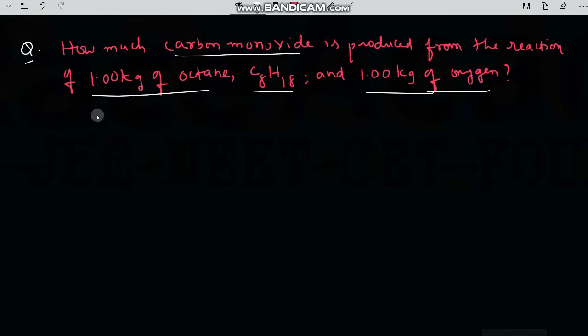Definitely it looks like a combustion reaction of octane. So octane C8H18 upon combustion with oxygen is said to produce carbon monoxide and water. That is the instruction from the experiment. So we need to take the balanced equation.